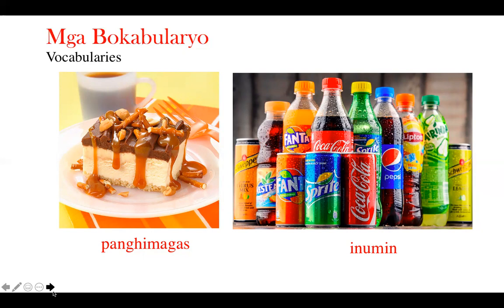But we don't tell a visitor, like, do you want inumin if you're referring to coffee, milk, tea, or juice? Okay? Yeah, juice is part of inumin, but I mean coffee, milk, and tea. Okay, you would really say kape, gatas, or tsaa. Okay, but for like drinks like this, bottled or canned, you say inumin. Be careful because inumin could also refer to those that are alcoholic. Okay? Wine, beer, those are also inumin in Filipino.